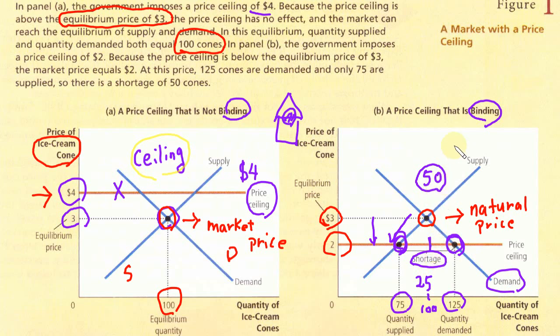Okay, so in the market, the product will be rare, short. So the product will be hard to find. Okay, understand this one.